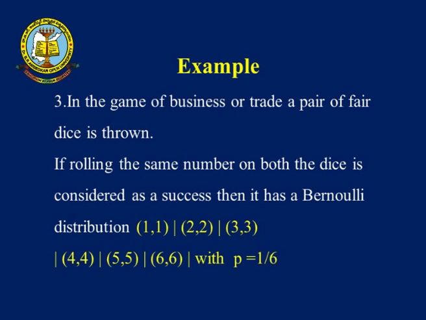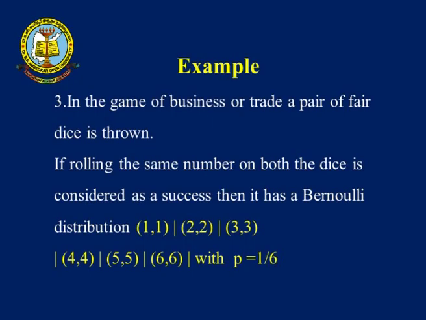So, what is this 1 1? We are throwing 2 dice at a time. If both the dice have upper outcome 1 1, that is the same number. Similarly 2 2, 3 3, 4 4, 5 5 and 6 6. Will all come at a time?